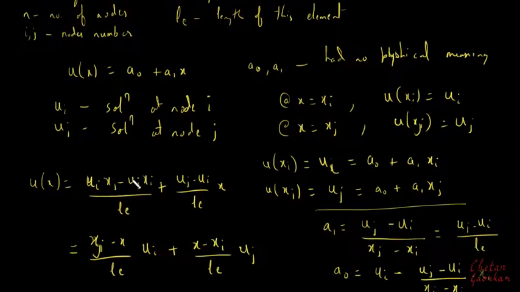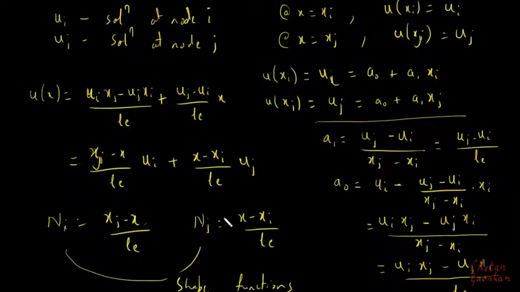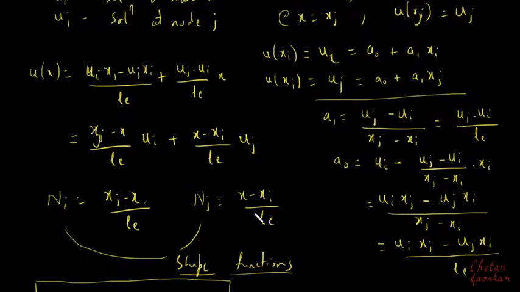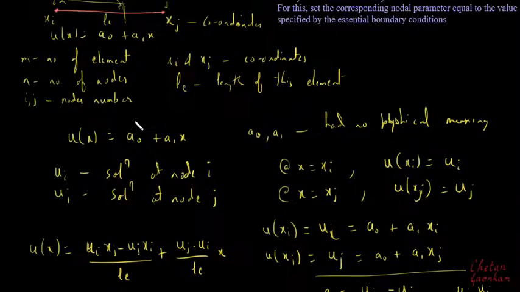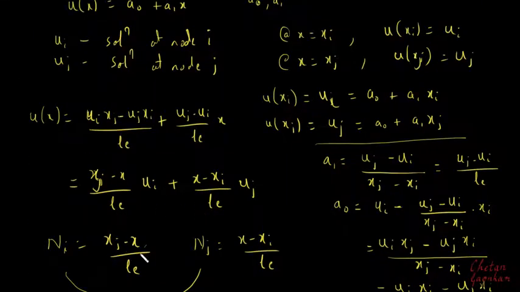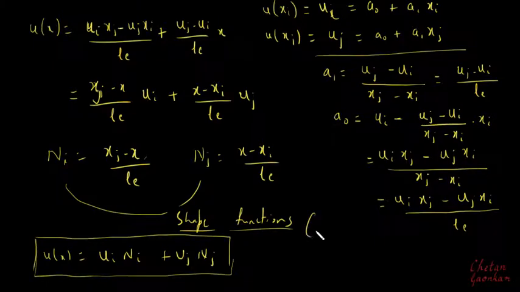But if I know the shape functions, or these functions are also called interpolation functions, what they will do is interpolate the result by taking the nodal values at nodes i and j, using this interpolation function. These shape functions are also called interpolation functions.